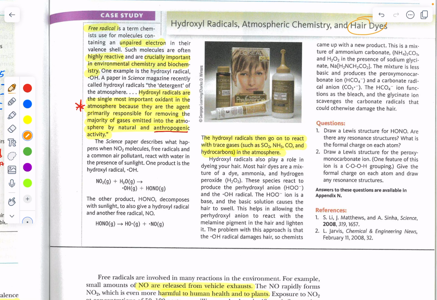Also, this is how you can lighten your hair, and my hair is about as light as it's going to get without becoming pure white. But there's where they talk about a free radical with its unpaired electron, that it's highly reactive, and they're very important in the environment, and they're very important in biochemistry and in human biology.